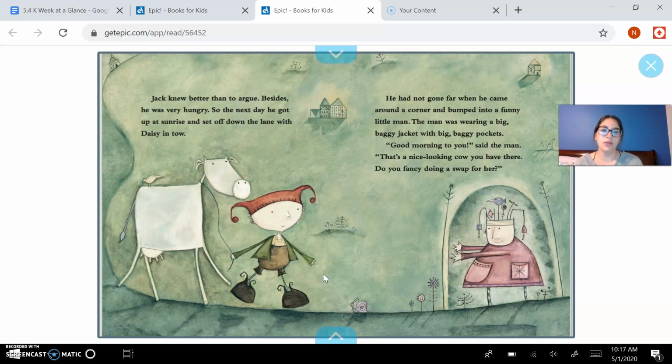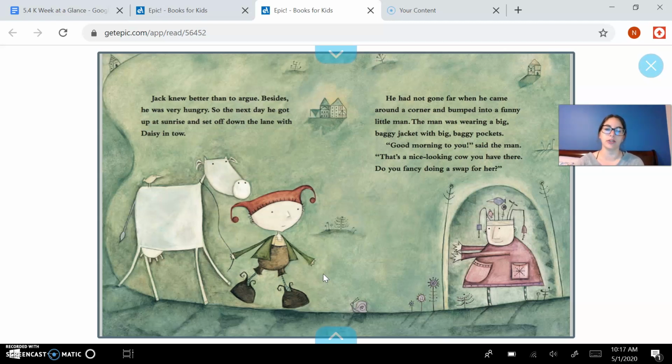He had not gone far when he came around a corner and bumped into a funny little man. The man was wearing a big, baggy jacket with big, baggy pockets. "Good morning to you," said the man. "That's a nice looking cow you have there. Do you fancy doing a swap for her?"